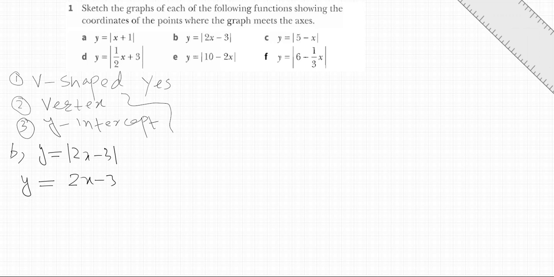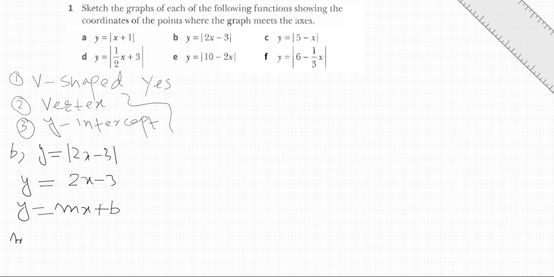Then compare this equation with the general equation of a straight line, y is equal to mx plus b. After comparing, what is the coefficient of x in the given equation? 2. Therefore our gradient is 2.